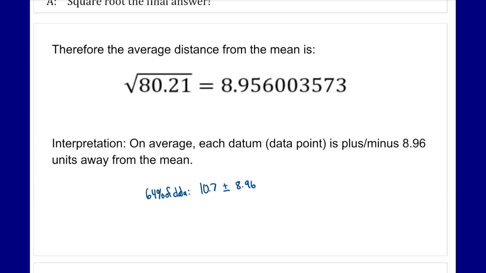So you do have to keep in mind what the data is that you're using to calculate. In our case, most of our values were around 10 and 11. We did have that one value of 34 that did basically cause our standard deviation to be large. So that is why this value is quite large in terms of the standard deviation.